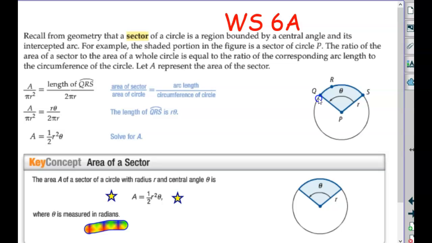And what does A stand for? Well, A is area. Is everybody okay with that? And then sector is like a piece of pizza or a piece of a cake or something. It's an area of this wedge. Everybody good? Sector of a circle?